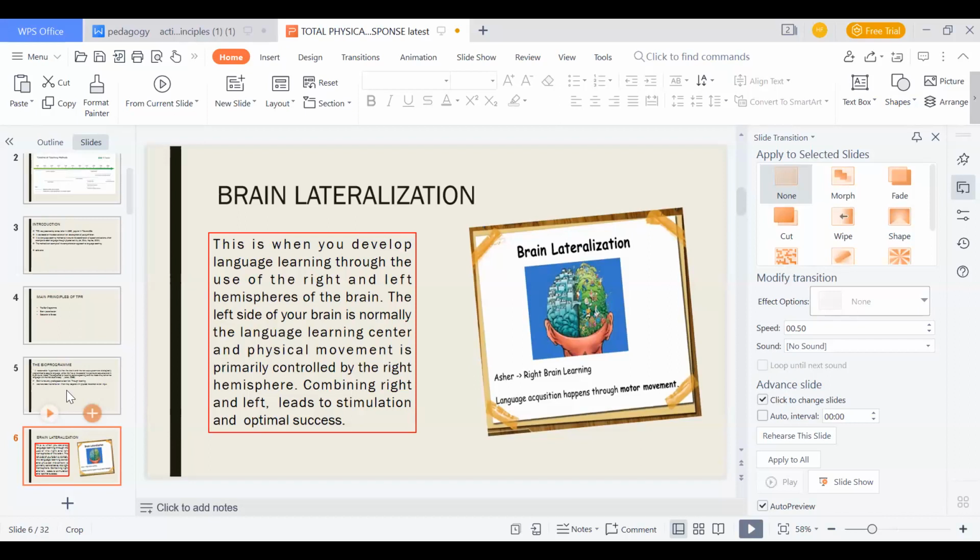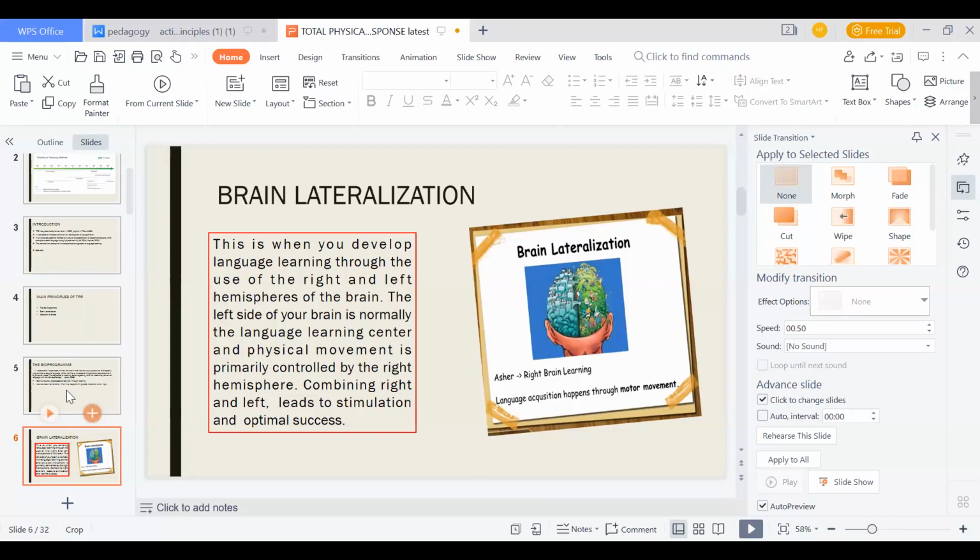Okay, one of you read. This is when you develop language learning through the use of the right and left hemispheres of the brain. The left side of your brain is normally the language learning center, and physical movement is primarily controlled by the right hemisphere. Combining right and left leads to stimulation and optimal success.